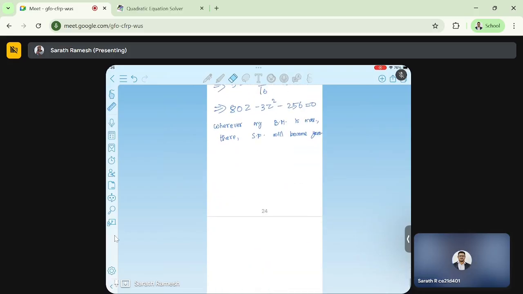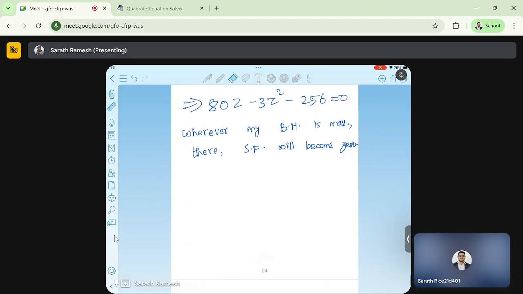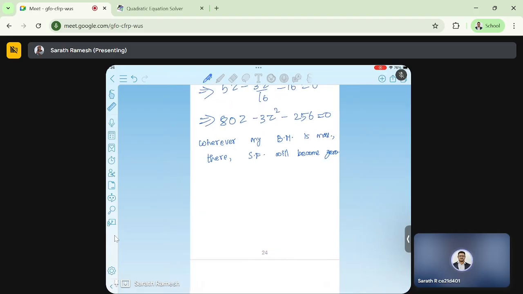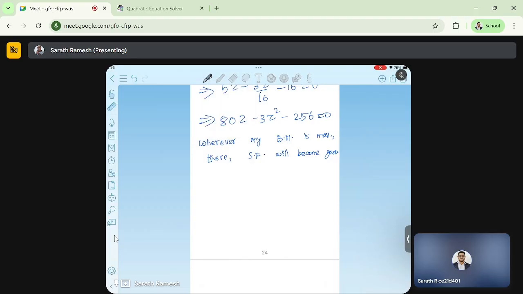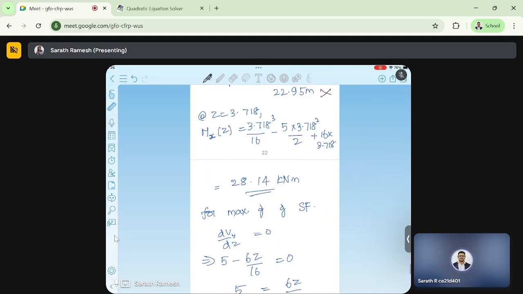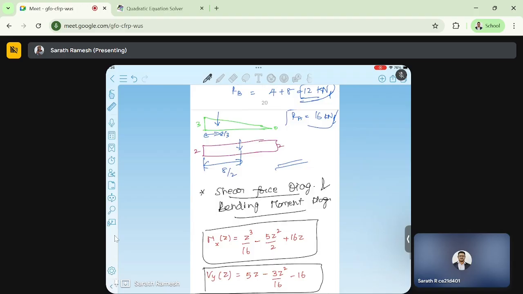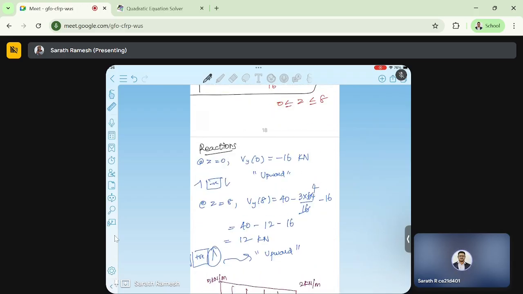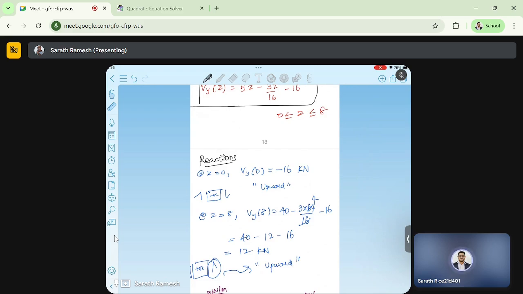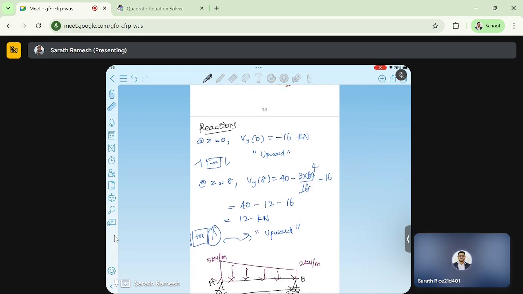Now, can we just draw? Yes. This is my beam, say. Where is the shear force at A? We got minus 16 at A, and shear force at B is plus 12.